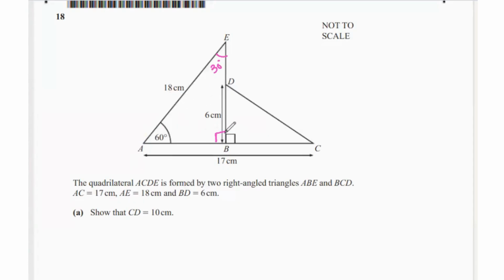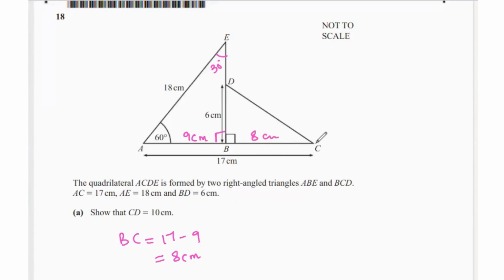We already know the length opposite to 90 degrees, which is 18, which means the length opposite to 30 degrees would be half of 18, which is going to be 9 centimeters. So if we subtract 9 from 17, that would give us 8 centimeters. So this is 8.